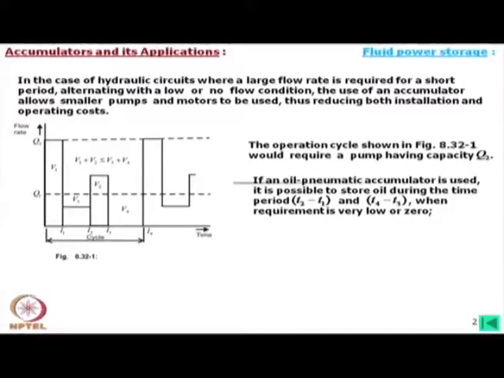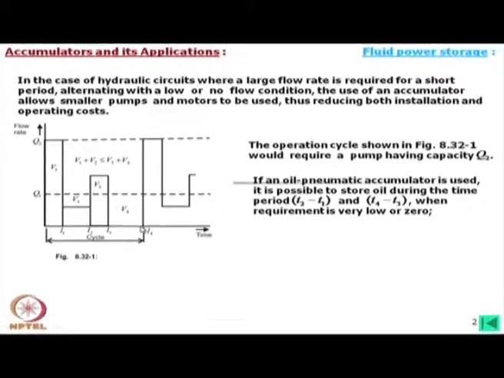Anyway, if an oil pneumatic accumulator is used, it is possible to store oil during the time T 2 minus T 1, sorry, these will be T 1, T 2 etc. Say T 2 to T 1 and T 4 to T 3. Okay.